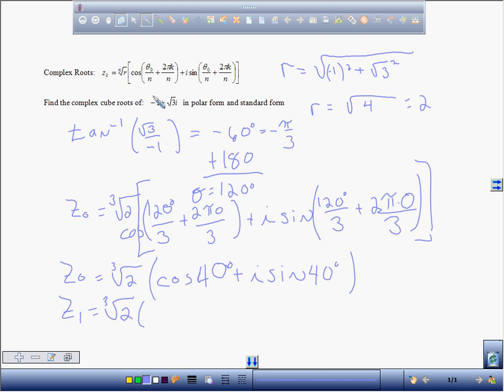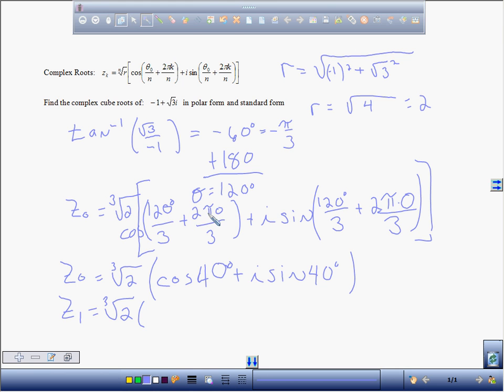So to get it into standard form, first it's in standard form, so I have to change it into polar form. And to find the angle, I have to take the inverse tangent of this over here. But if x is negative, which it is in this case, I need to add 180. And then all you do with this, since there's 3 roots, you add 1/3 of 2 pi.